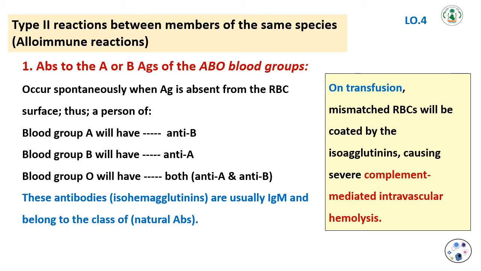Natural antibodies are immunoglobulins present in the absence of exogenous antigen stimulation. They occur naturally in the body. On transfusion, mismatched RBCs will be coated by isoagglutinin, causing severe complement-mediated intravascular hemolysis.